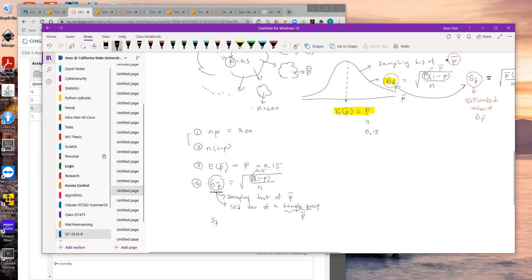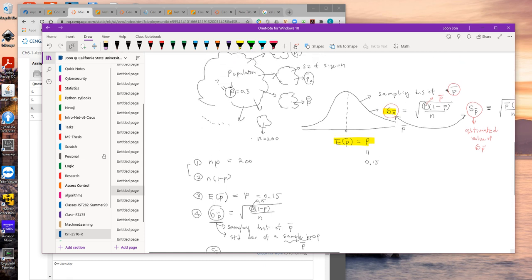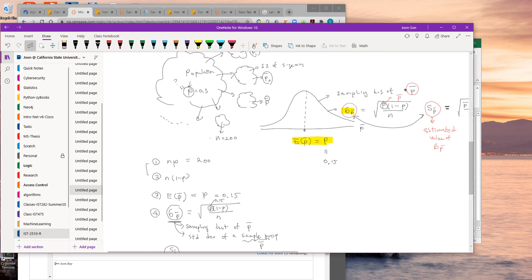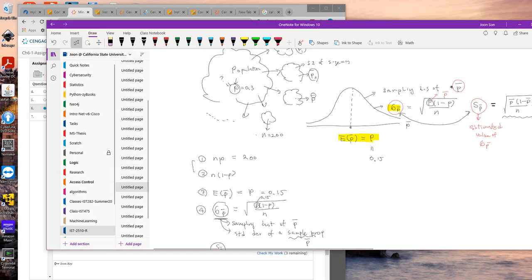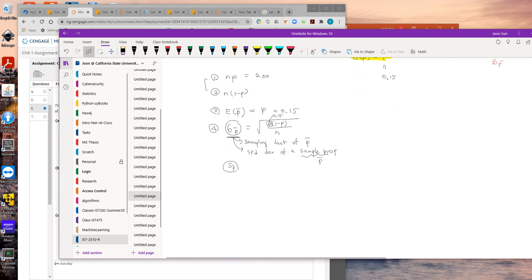However, when p is not known, we have to use this s p prime equation. So for problem number 4, you can find this value using this formula: the square root of p multiplied by 1 minus p, divided by n. N is given, in this case 200, so you can find the value using a calculator.